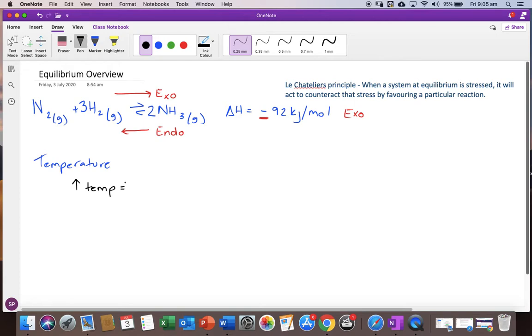If you increase the temperature of a reaction that is exothermic in the forward direction, it's going to favour the endothermic reaction, which in this case is the reverse direction. And the outcome for that would be an increase in reactants.